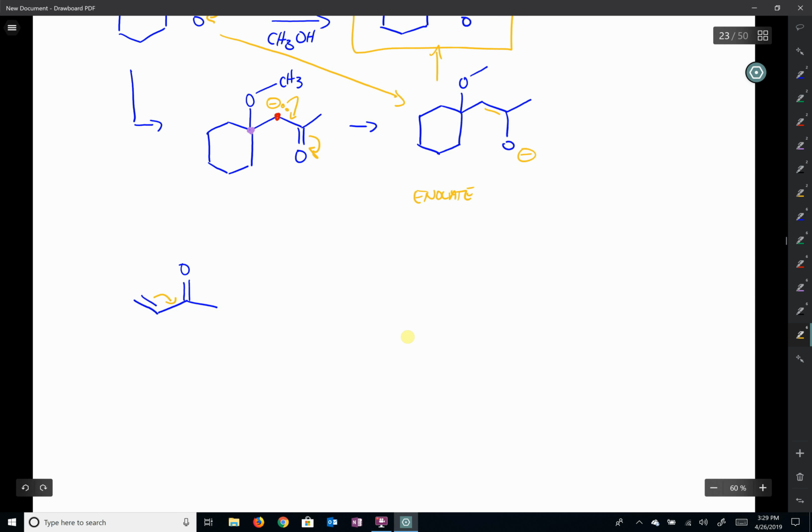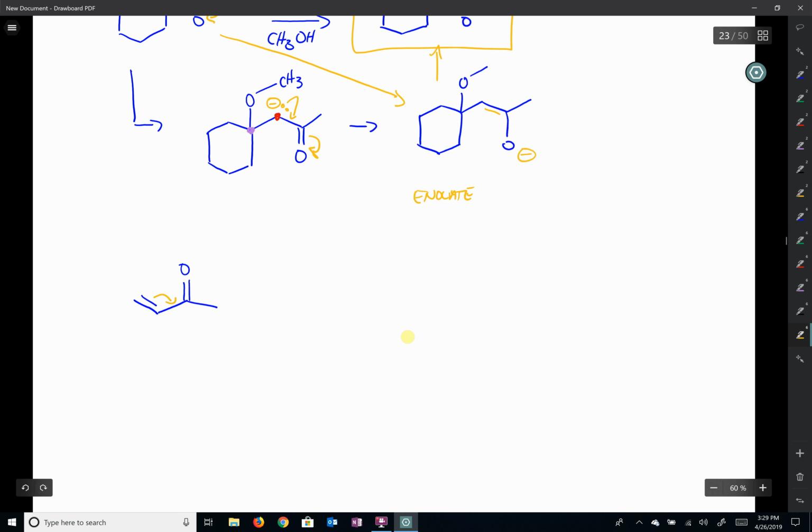So here's my beta carbon, alpha carbon, alpha carbon, alpha carbon. I've got a positive charge there on my beta carbon, so it makes sense that something negative is going to add there. This doesn't mean that we shut down any reaction that happens at the carbonyl carbon. I'm just saying that under certain conditions we observe addition at the 4 or the beta carbon of these alpha beta unsaturated ketones, or the enones.